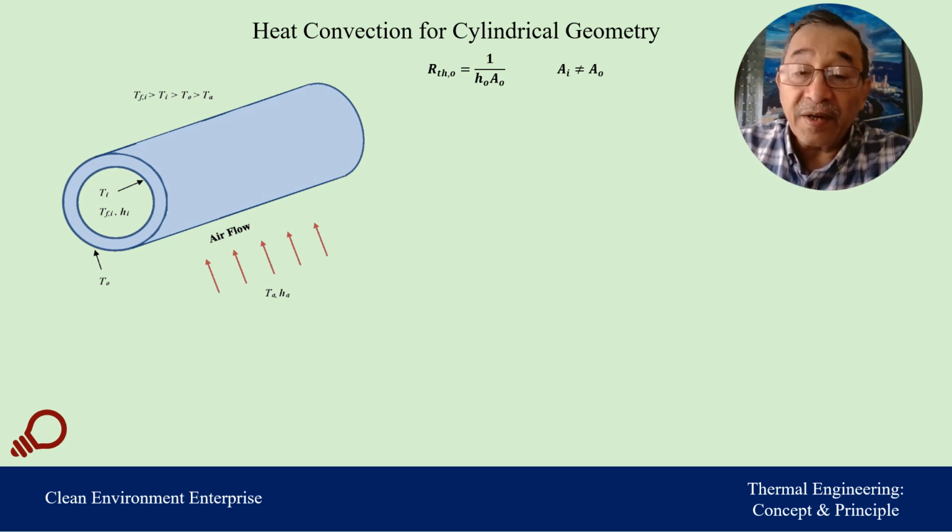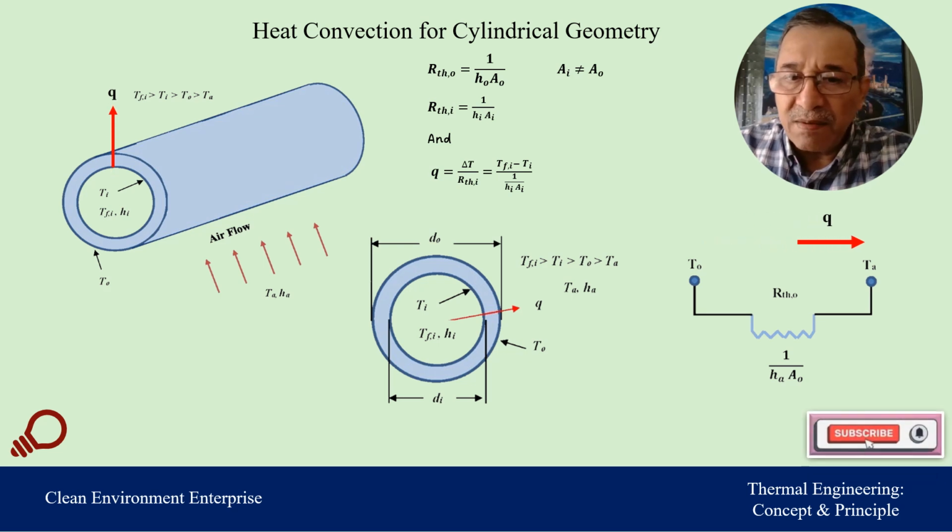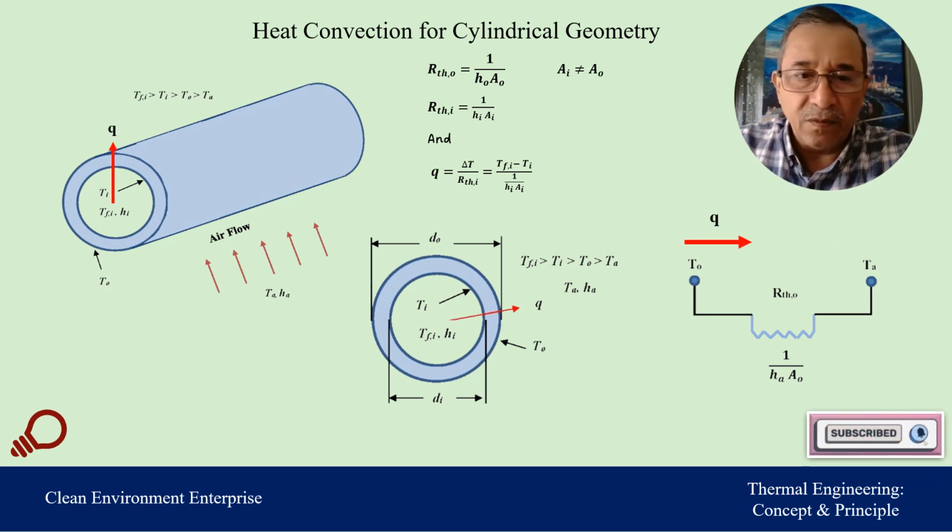We have here R thermal outer because we are depending on the surface area of the outside of the tube, because the surface area varies in the r direction. So we have to consider the heat transfer coefficient to match the surface area where R thermal is calculated. And similarly, R thermal inner equals 1 over hi Ai. And again, it is the same as we explained for the plane wall.